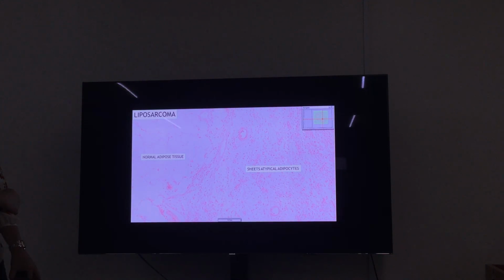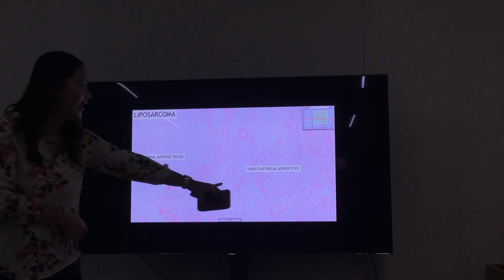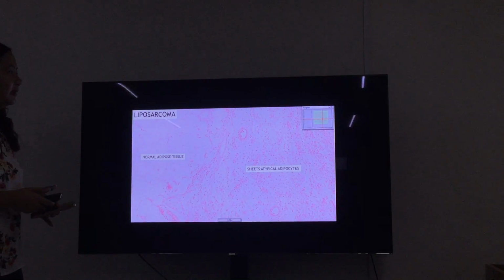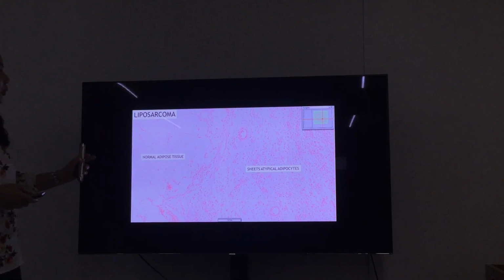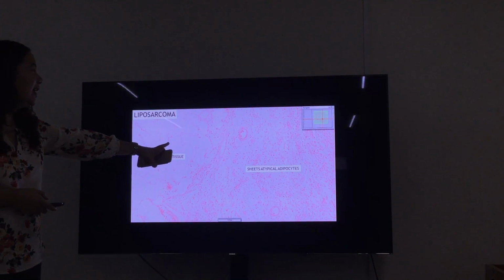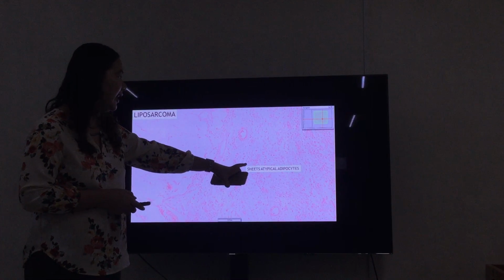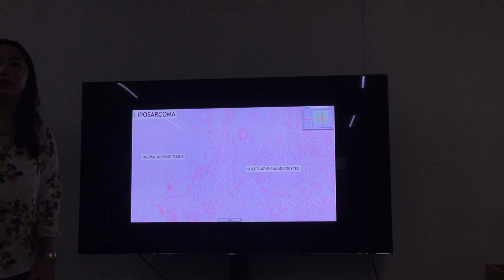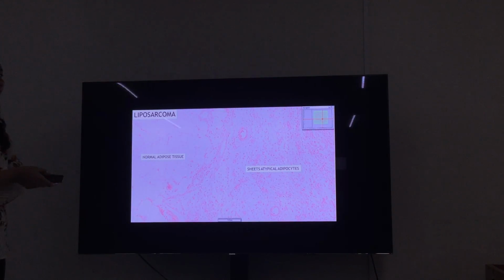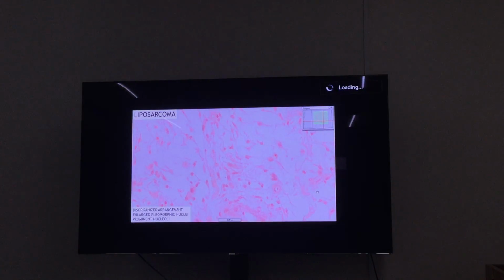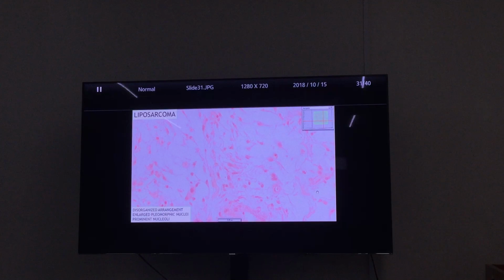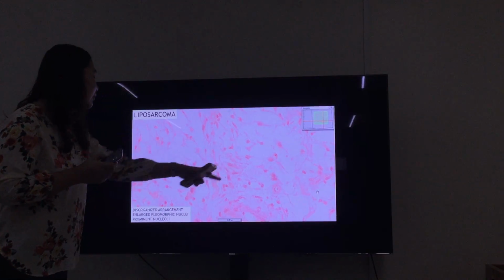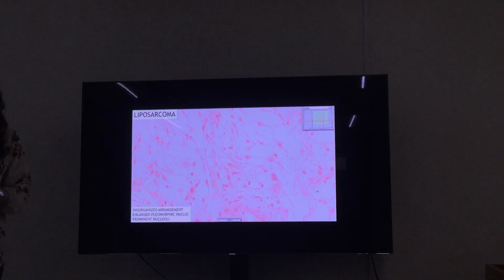This is liposarcoma. On the left is normal adipose tissue, on the right is the tumor. Comparing the two, the nuclei are small here, but this one is more cellular and has large, round nuclei. There is disorganized arrangement, and you can see enlarged pleomorphic nuclei with prominent nucleoli.